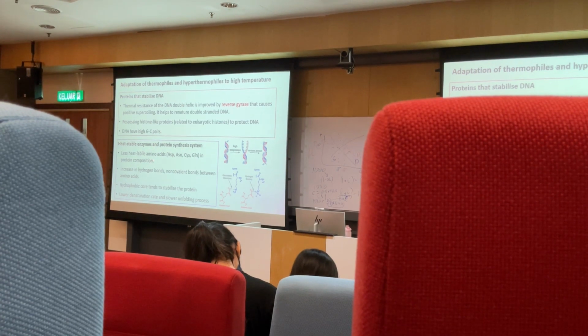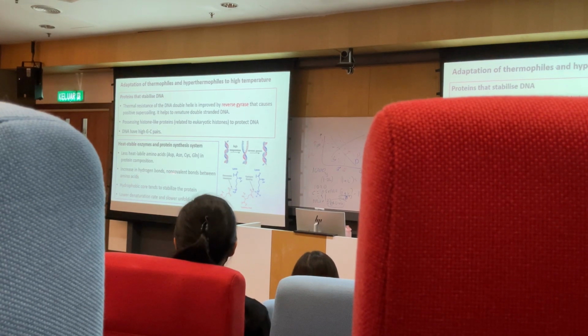So you have those amino acids which are more stable, such as aspartic acid, asparagine, cysteine, and glutamine. So in the protein composition, those are the amino acids which are more stable. And you also have increased hydrogen bonding between the amino acids in their protein. So they need more interaction to make the protein compact.